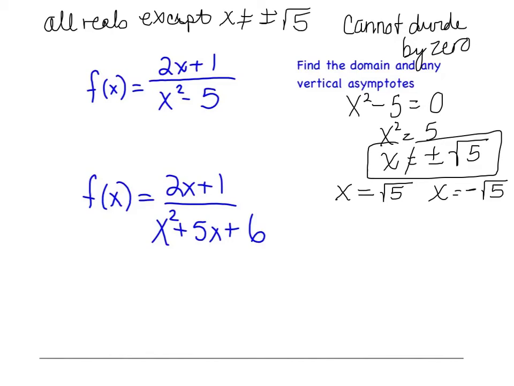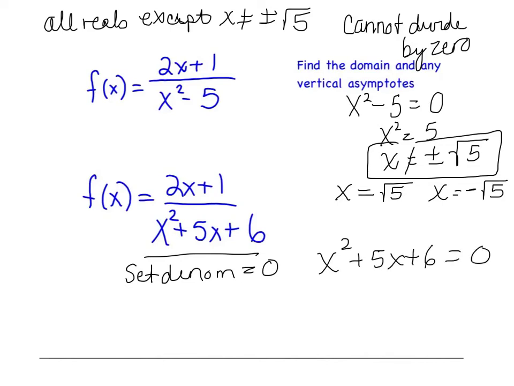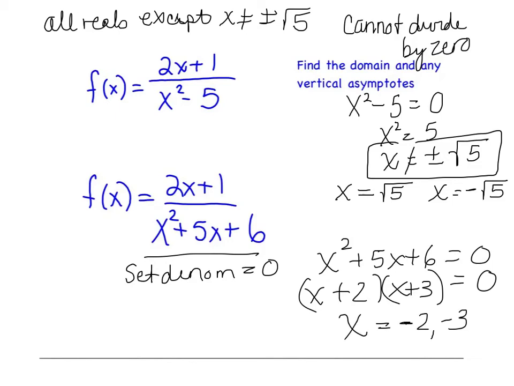To do that here, I'm going to set the denominator equal to 0. So I have x squared plus 5x plus 6 equals 0. To solve, I'm going to factor, and I'm going to use 2 and 3, since they have to add to 5 and multiply to 6. So x is going to be -2 and -3.